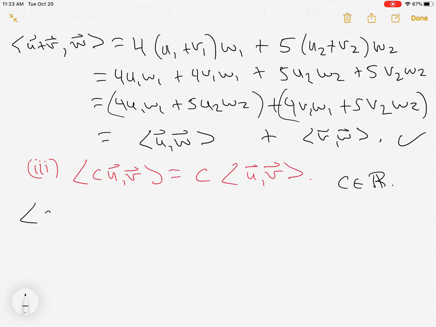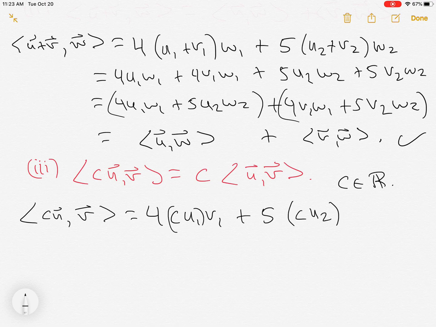So now we have the inner product of cu and v, which is equal to 4c u1 v1 plus 5c u2 v2. And again, we're working in the real numbers, so we'll bring the c out front: c times 4 u1 v1 plus c times 5 u2 v2, and factor.